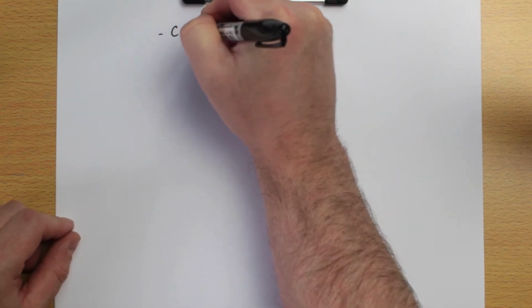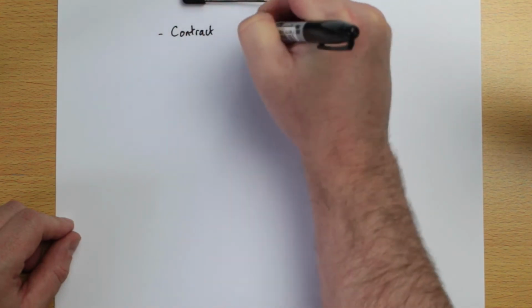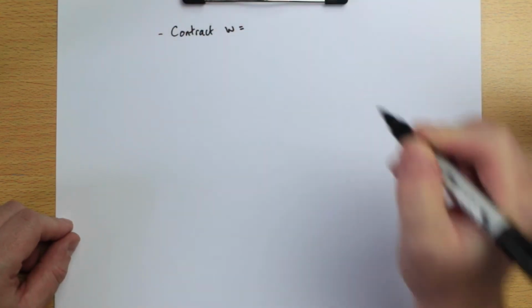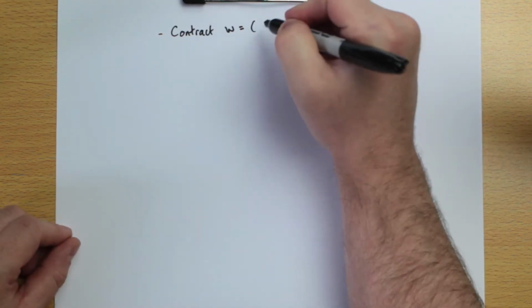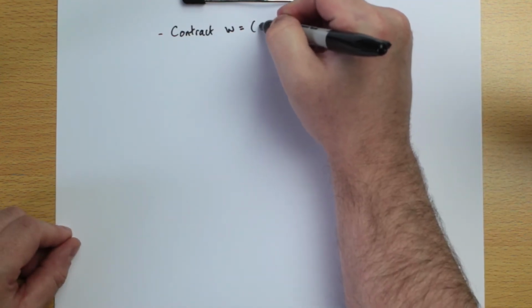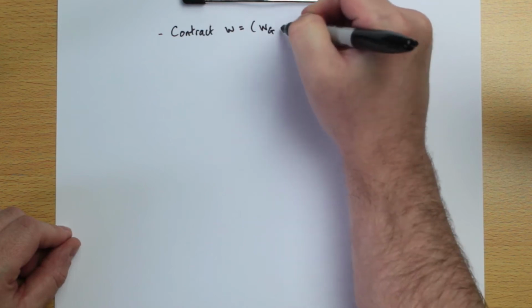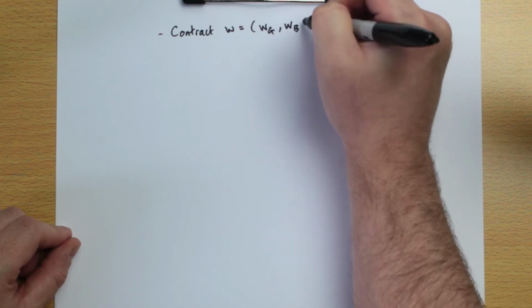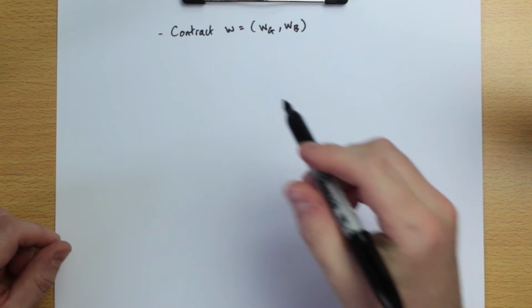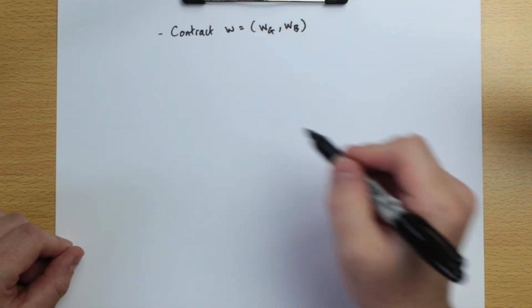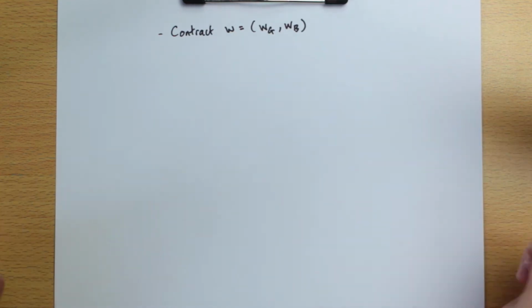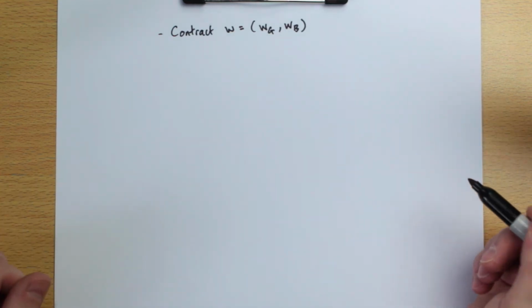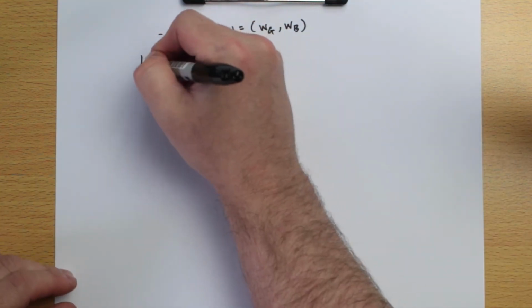This model is very similar to the Rothschild-Stiglitz model, so a lot of these techniques will feel familiar. So in general, if we have a contract W, which if we remember has two dimensions, a wage in the good state and a wage in the bad state, then if we want to calculate the expected cost of this contract, so these are payments the firm is going to make to the employee, what is the expected cost?